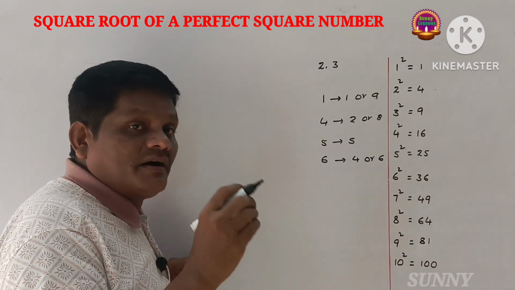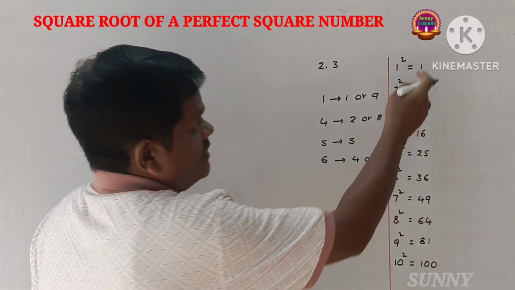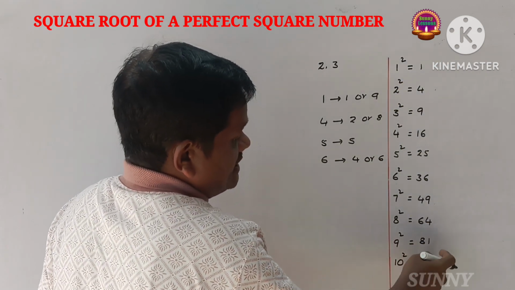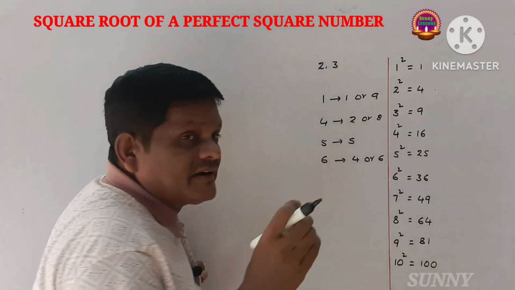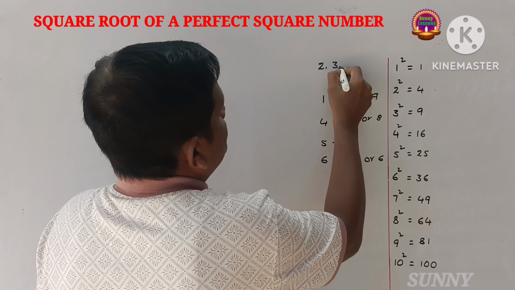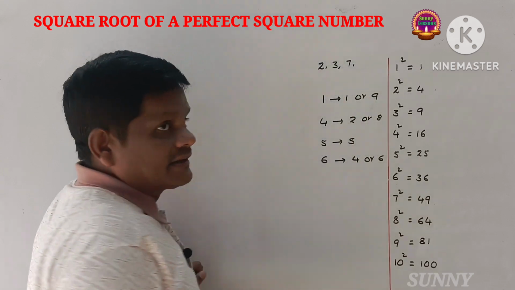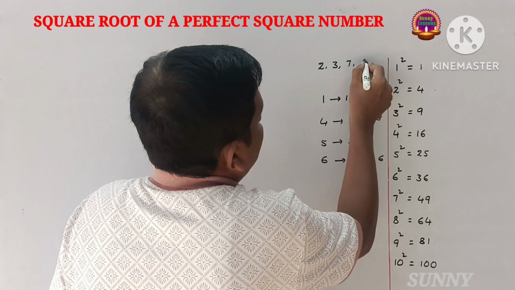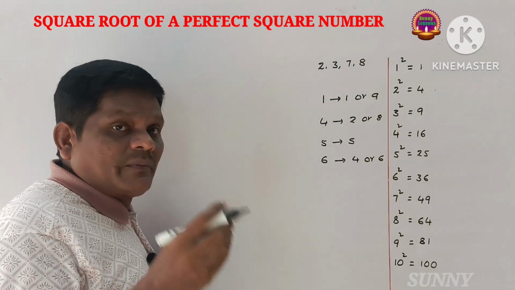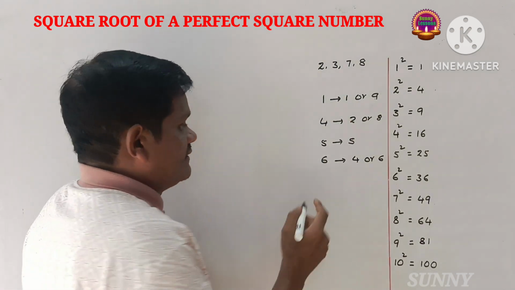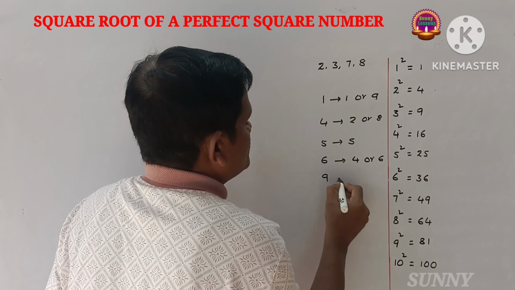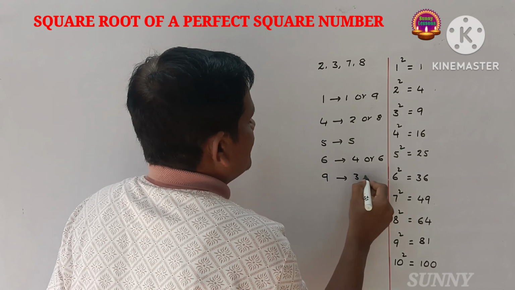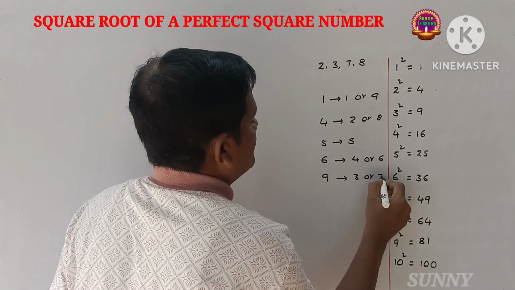When it ends with 7, check: the perfect square number never ends with 7. Like that, it never ends with 8 also. When it ends with 9, two possibilities are there: 3 square or 7 square.